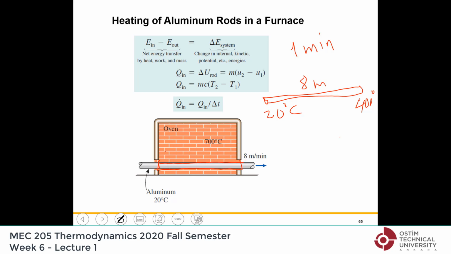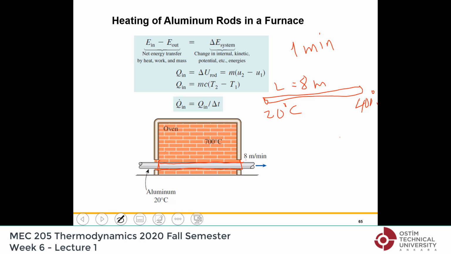So what we can do is determine how much heat is needed to raise the temperature of 8 meter long rod. And once we determine that amount, we know that it is the heat transfer in 1 minute. Then if we divide it by 1 minute, it will give us a heat transfer rate per minute.